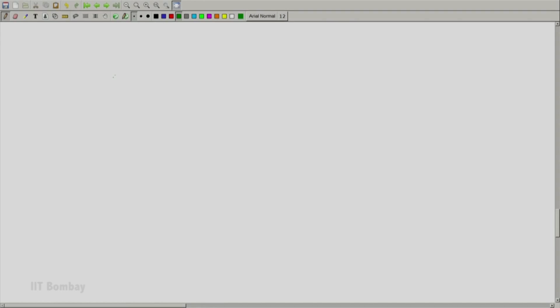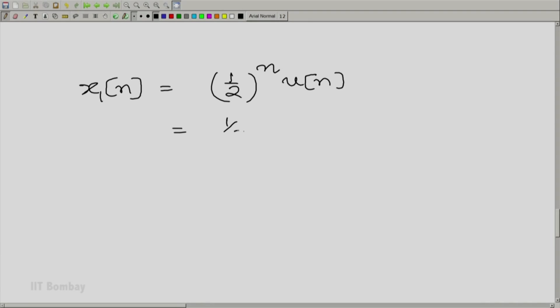So, you can visualize two discrete signals or two sequences where potentially all the points are non-zero. Let us take an example. Let us consider the two sequences x1[n], which is equal to (1/2)^n u[n], or essentially (1/2)^n for n greater than or equal to 0 and 0 for n less than 0.